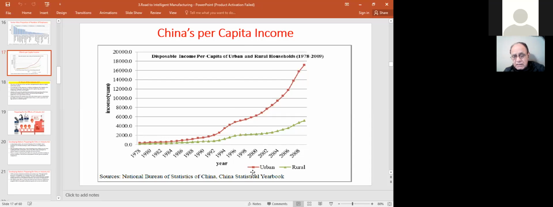The red line is urban and the green line is rural. So this is how China has accomplished its task of raising the income level of the households, and this has been really due to the fact that they have introduced productivity and intelligent manufacturing in their systems.